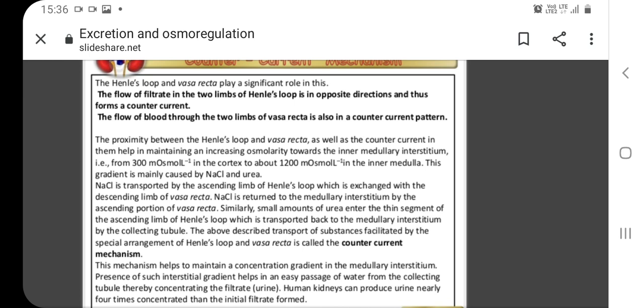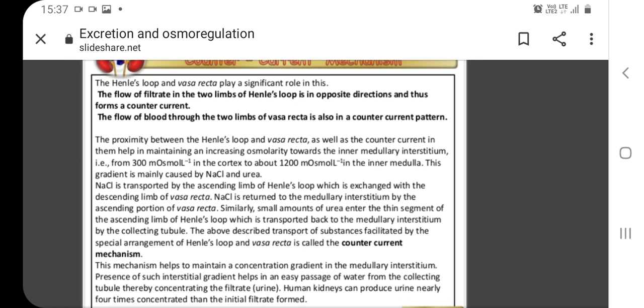This mechanism helps to maintain a concentration gradient in the medullary interstitium. The presence of such a gradient helps an easy passage of water from the collecting tubule, thereby concentrating the filtrate.